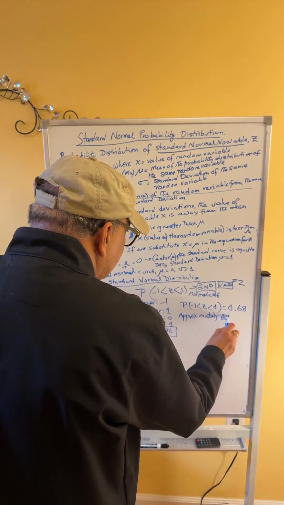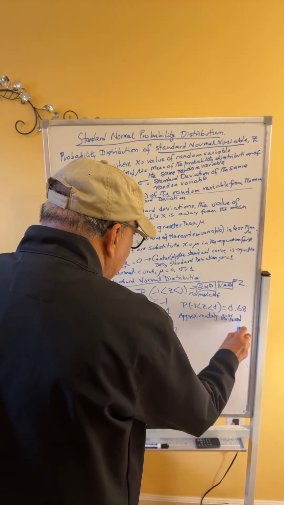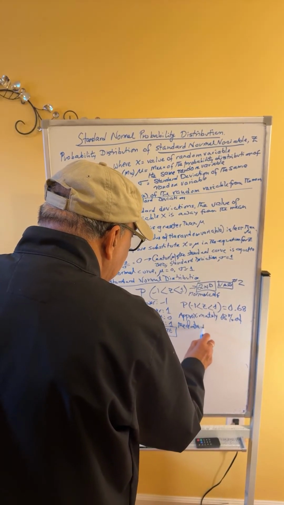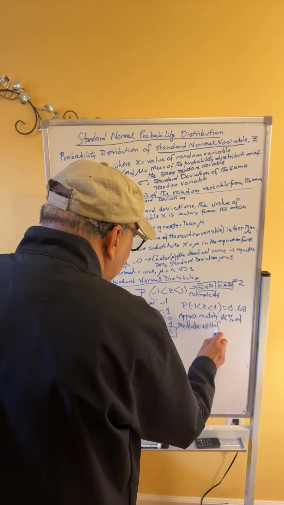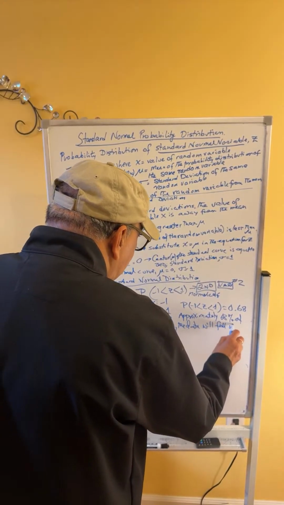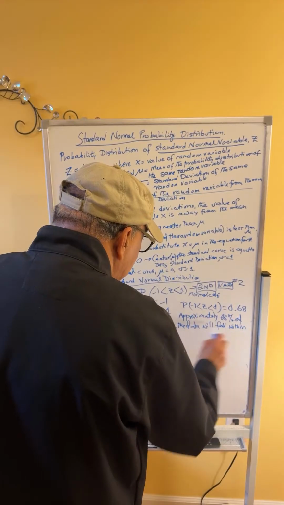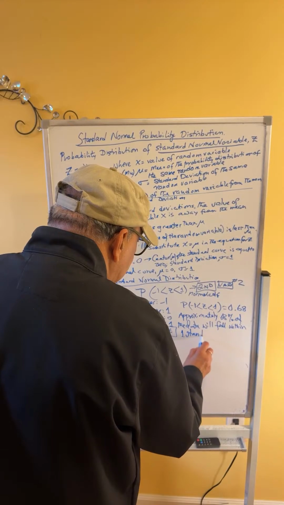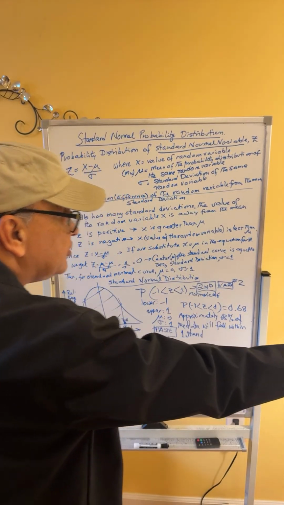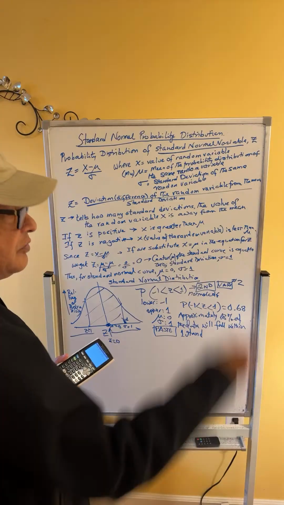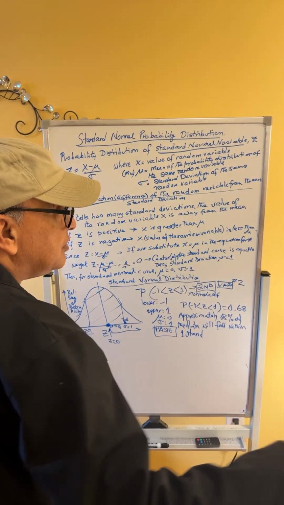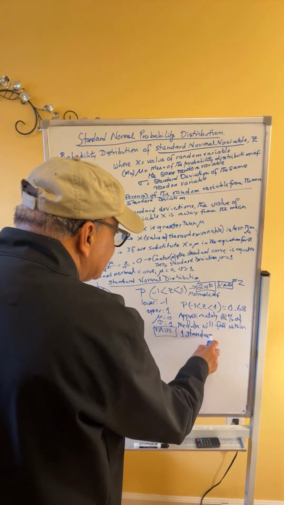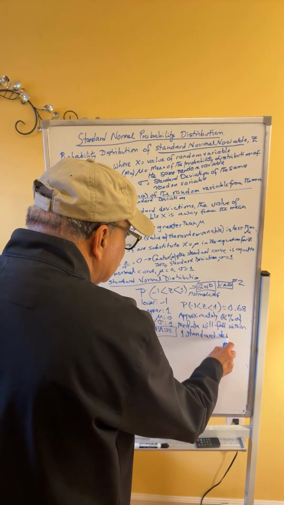of the data will fall within one standard deviation of the mean. That means you go one standard deviation on the right, one standard deviation on the left, draw two vertical lines to meet the bell-shaped curve, and you will cover 68% of the data.